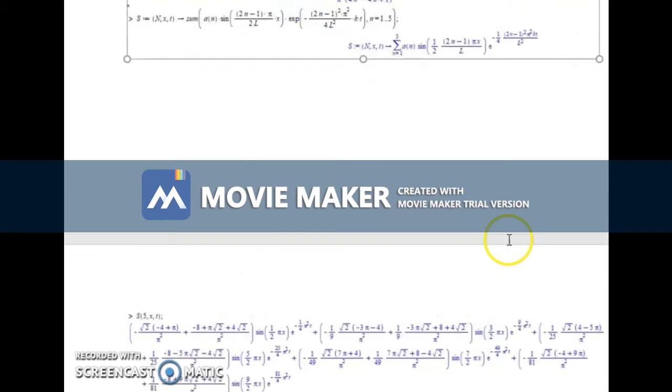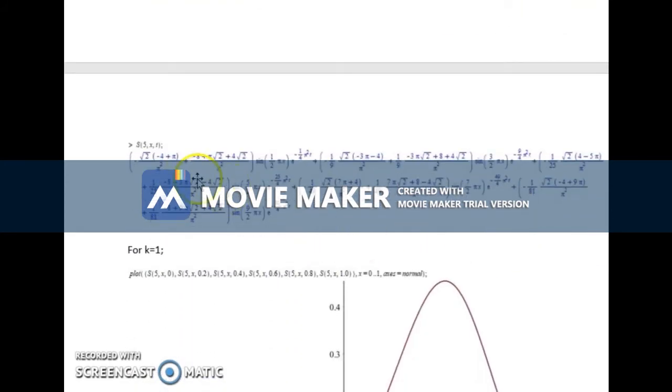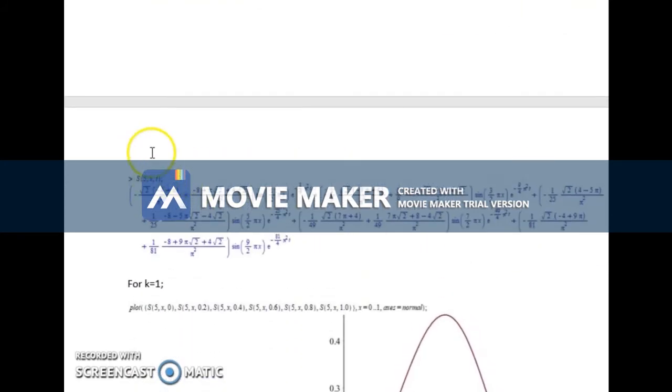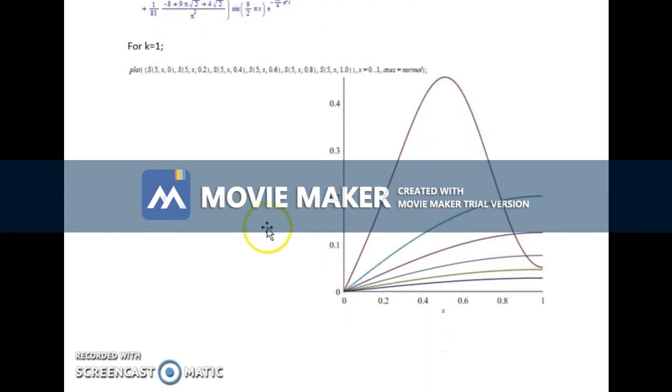So this is the summation. And next, we have to know the first 5 coefficient terms because we just repeat from 1c. So this is the first 5 coefficient terms in the series. And next, this is the graph for k if we assume k is equal to 1.